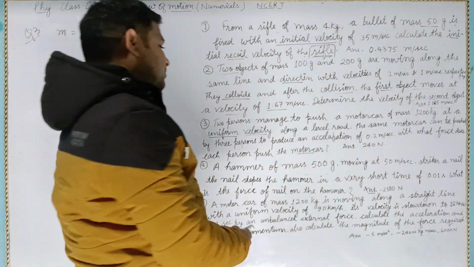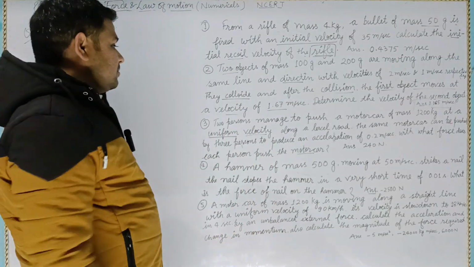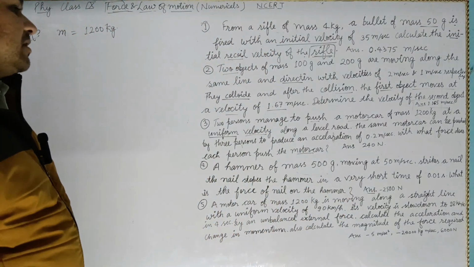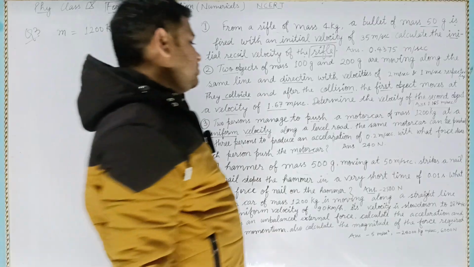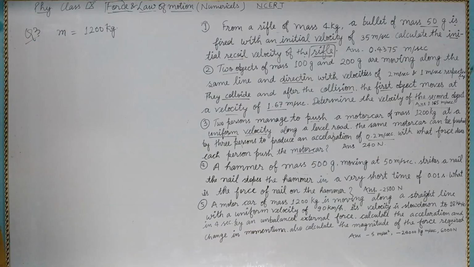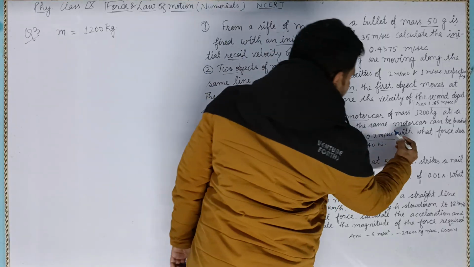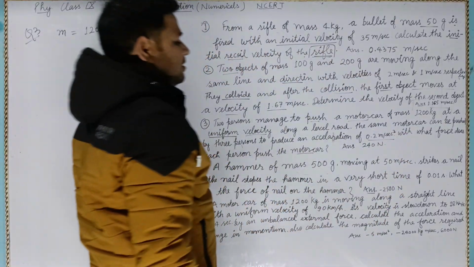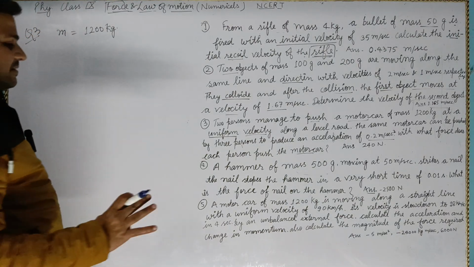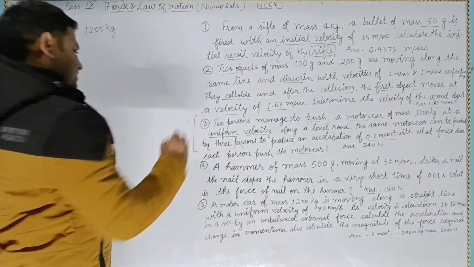But in the next position, when a third person came and pushed the same motor car, it gained an acceleration of 0.2 meter per second squared. With what force did each person push the motor car? The force is the same for each person in this question.